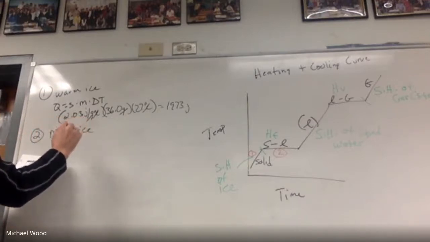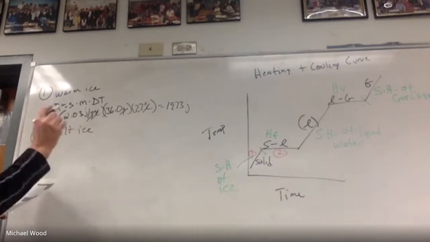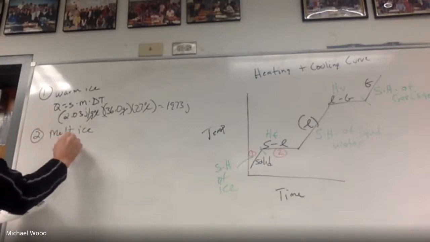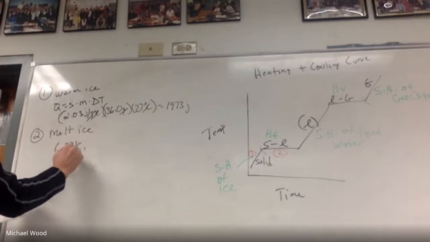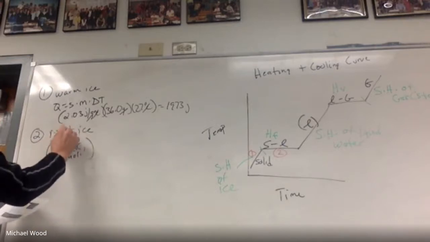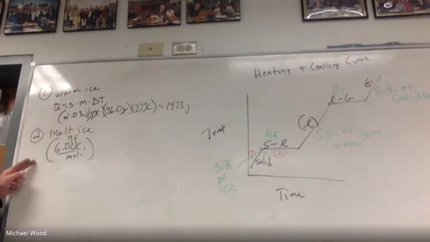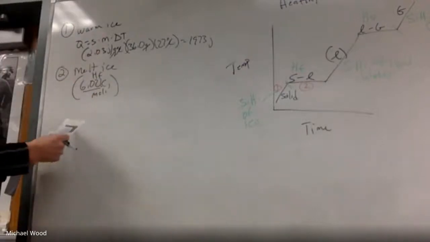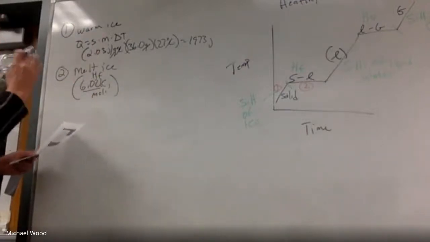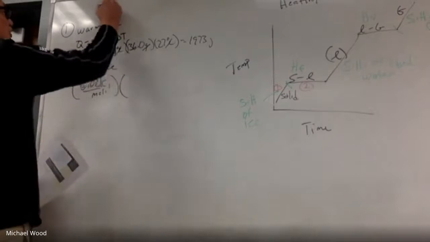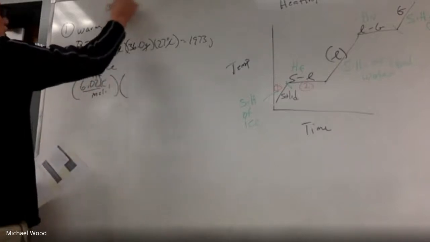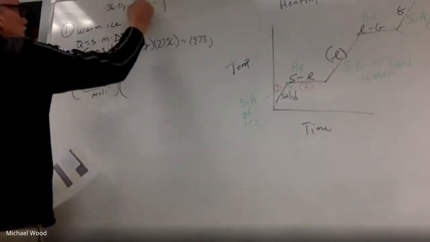Here I'm going to use, and again, this number has to be given to you, the heat of fusion. So you have to be given that number. I'm going to do all 5 steps, and then I'm going to add everything up. If it's 36 grams, this is water, I'm going to get this into moles.